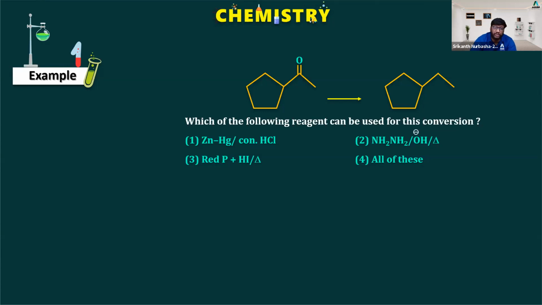Try to solve this question and give the answer. The C double bond O has been converted to CH2, yes or no? Then which reagent was actually used? Either you are doing Clemmensen reduction or Wolff-Kishner reduction, and we have to explain the reasons why we choose that particular reduction.